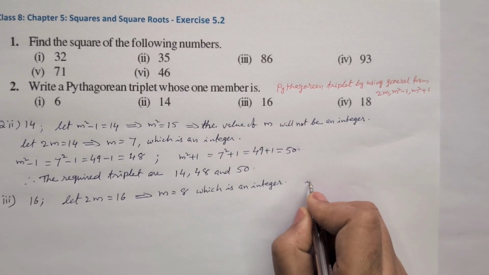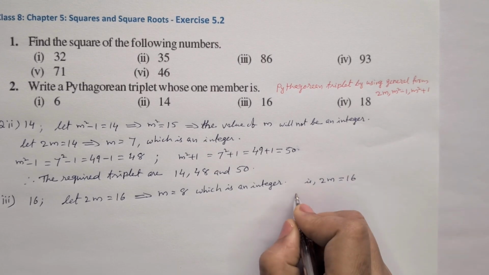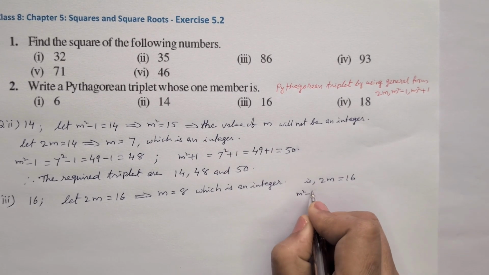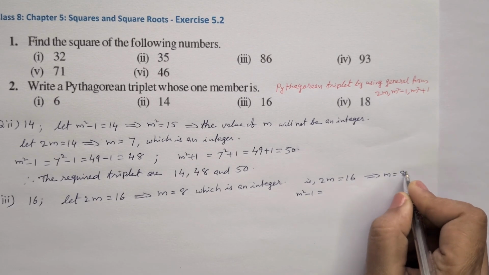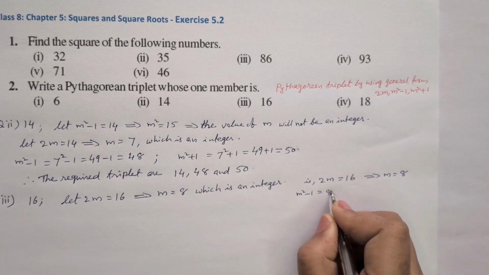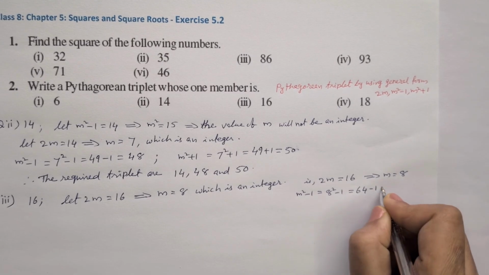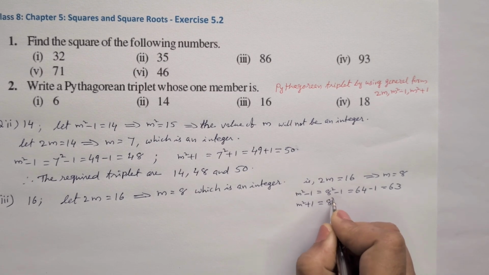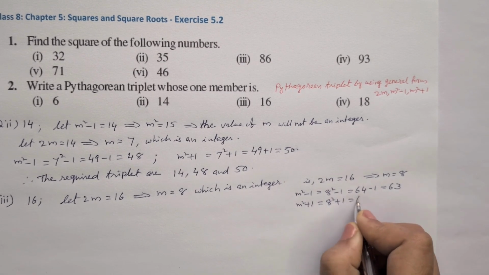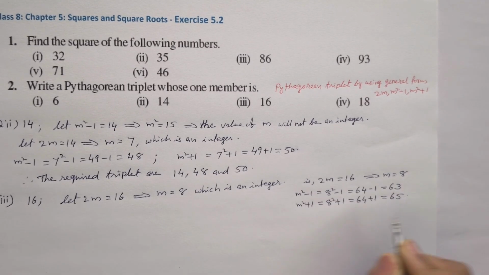So we can take that is 2m as 16, then m square minus 1. m is equal to 8. m square minus 1 means 8 square minus 1, 64 minus 1, that is equal to 63. m square plus 1, which is equal to 8 square plus 1, 64 plus 1 is equal to 65.